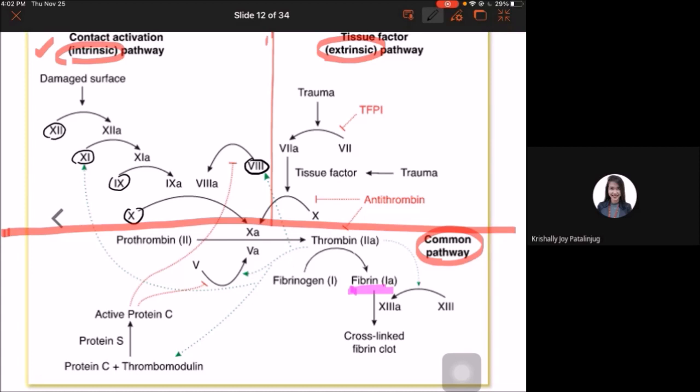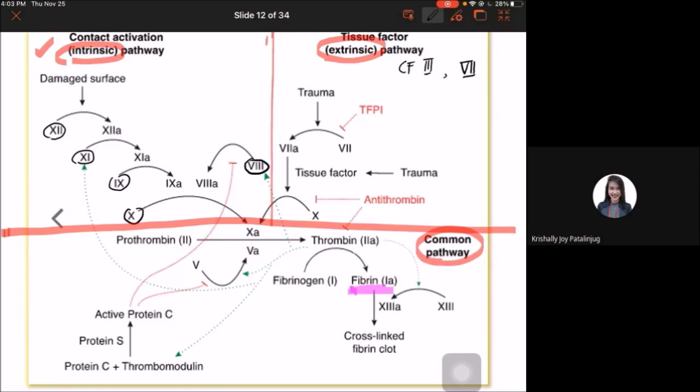Okay, so for extrinsic pathway naman, dalawa yung assigned na clotting factors dito. Sulat ninyo ha, clotting factor 3 and clotting factor 7 ang involved sa extrinsic pathway. Again, sa extrinsic pathway, we only have 2 clotting factors. Clotting factor 3 and 7.